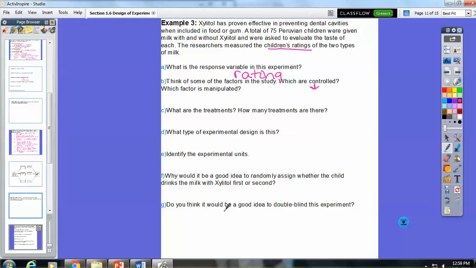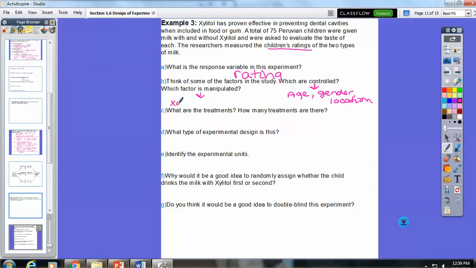Like, my 2-year-old and my 8-year-old have varying standards. Age is a big one. So they would want to pick children all of the same age, probably. Gender may have an impact. Location we talked about, and they kind of controlled that by picking all from one place.